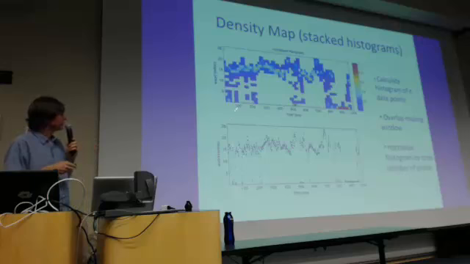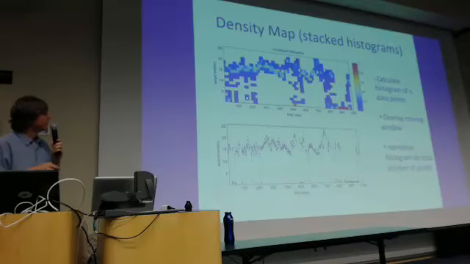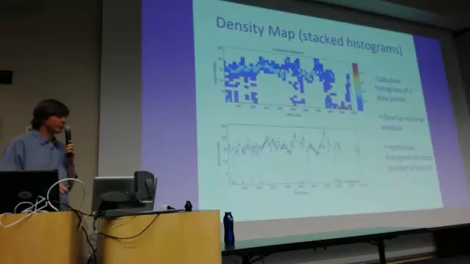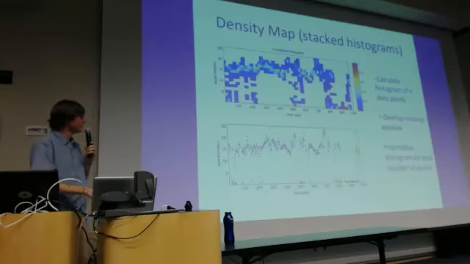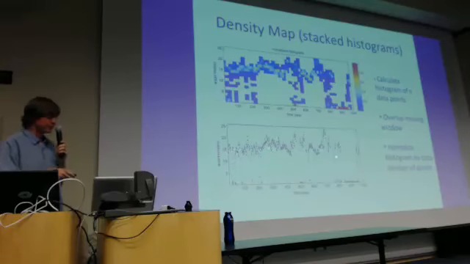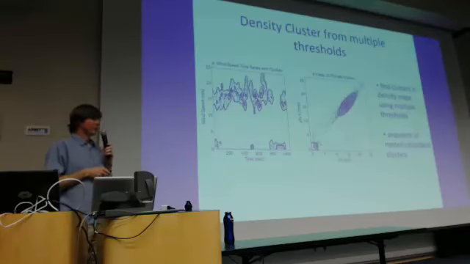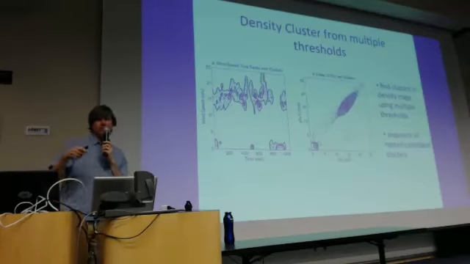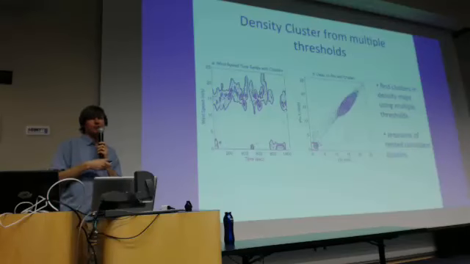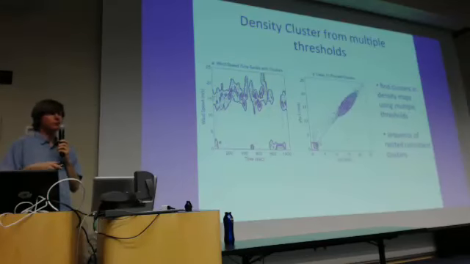You can calculate a sequence of histograms and then turn that into a density, and you can calculate density clusters in the time domain. This is the corresponding time series data down here. So you have those density maps, and you can apply a threshold. You can get a sequence of clusters in both the time domain and in delay space.